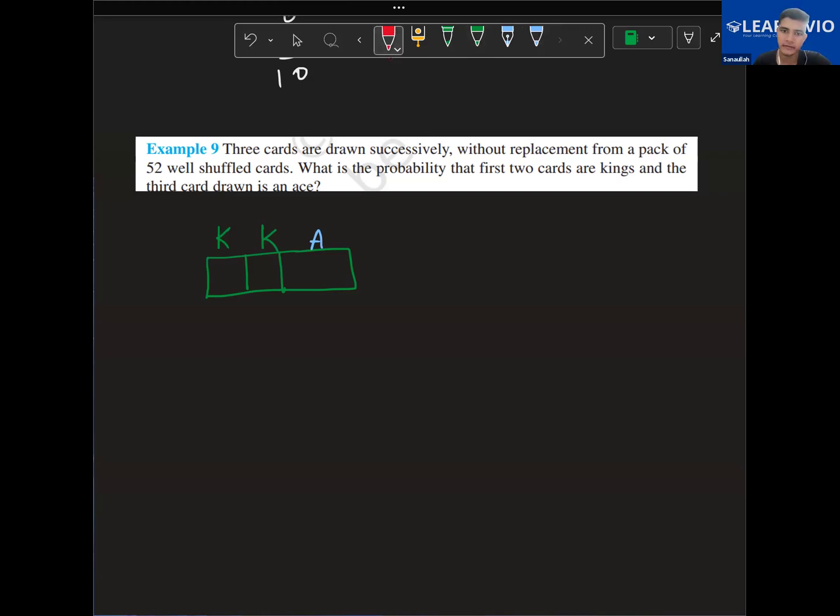So how many kings do we have in the deck of 52? Total four. Now there is a line that without replacement. That means we can't put the removed card back in the deck. So you have taken one card from the 52 cards. Now you are left with 51 cards.